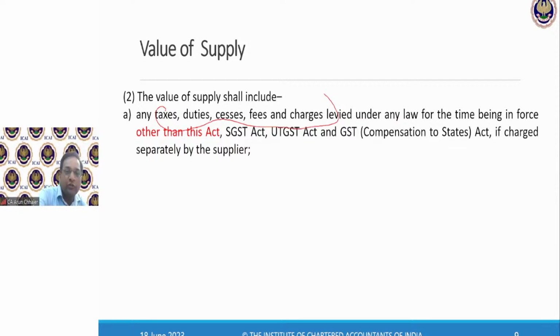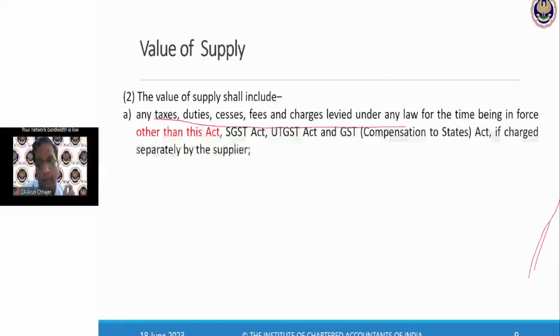Is TCS a levy under any other law? The answer would be no. See, there is a difference between levy and collection. The TCS is not a levy. TCS is only being collected so that the income tax department should be aware of this transaction. It is not being levied.